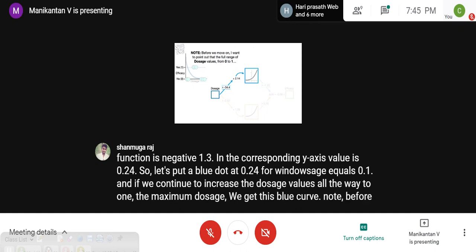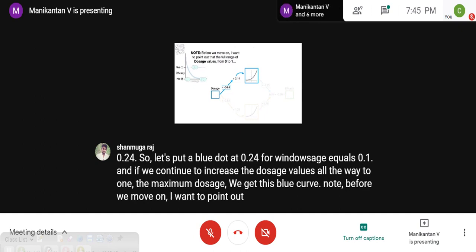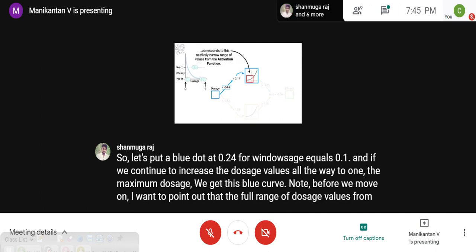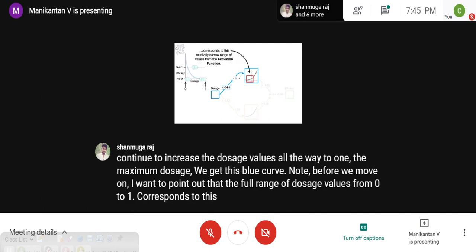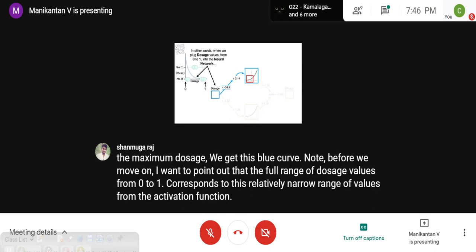Note, before we move on, I want to point out that the full range of dosage values from 0 to 1 corresponds to this relatively narrow range of values from the activation function.